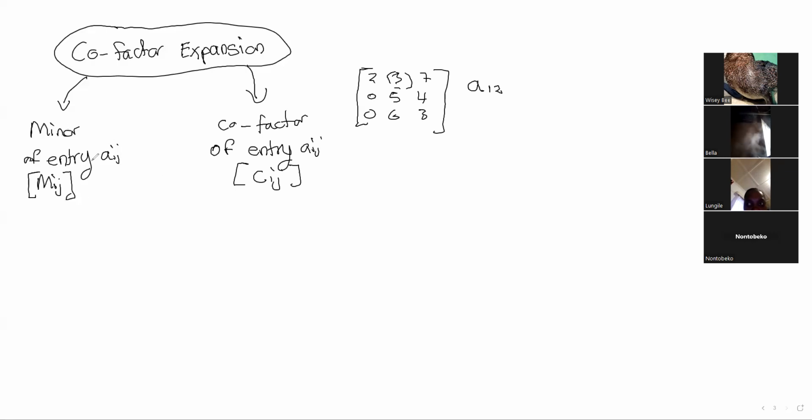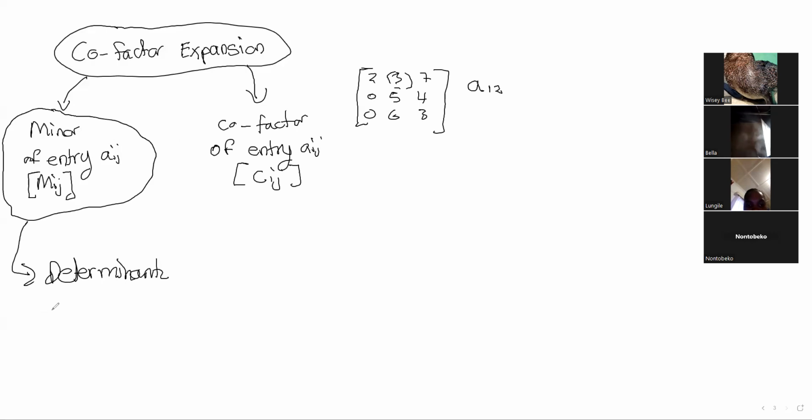So a minor is just a determinant of a submatrix after deleting row i and column j.